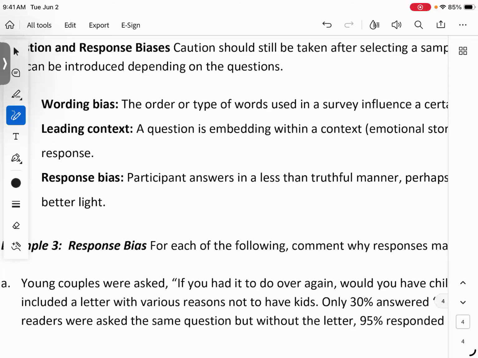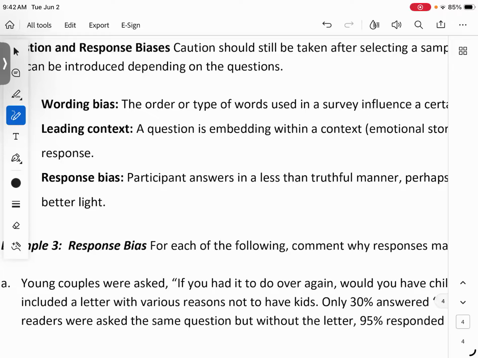There are certain words that can make people feel a certain way, so that they're more likely to say yes or no because of that word that's influencing them. Leading context is, they might include a picture or a letter that pulls on their heartstrings and influences them to give more of a yes response rather than no.